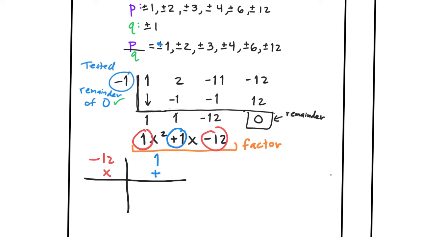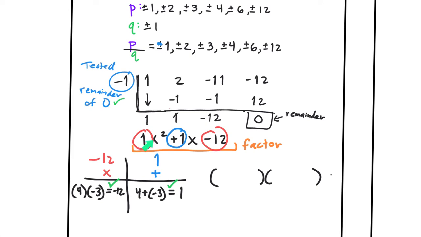So what two numbers multiply to give me negative 12, but add to give me 1? I could do 4 times negative 3. That gives me negative 12, and 4 plus negative 3 is positive 1. So I get a check mark, check mark. Okay, so I would set up my parentheses.